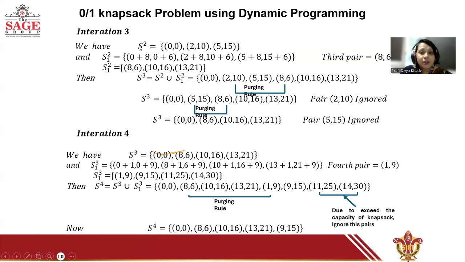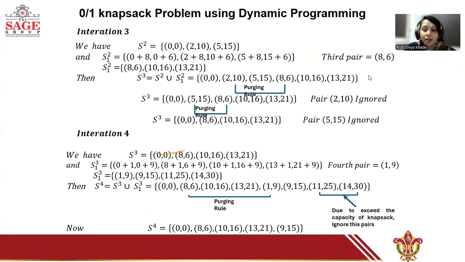Next, after the iteration 3, we have to merge the third pair, which is 8 and 6. 8 is profit and 6 is weight. After applying this, we will get this iteration. Now we can see here we can apply purging rule. Here weight is 10 and profit is 2, and here weight is 6 and profit is 8.